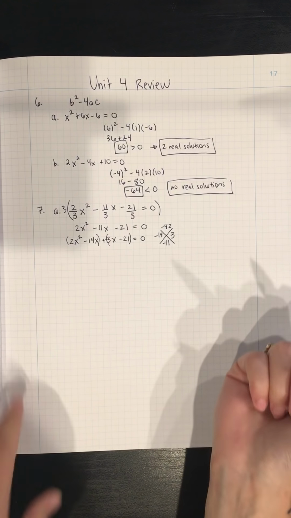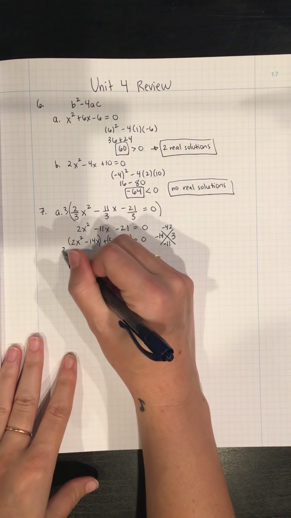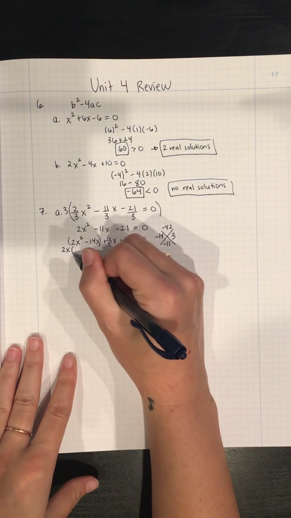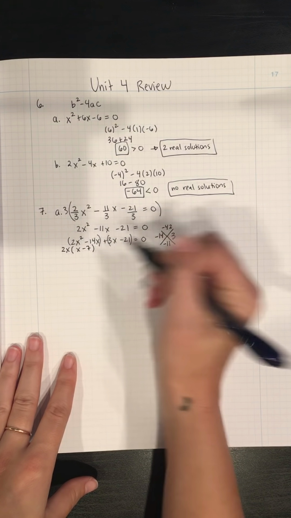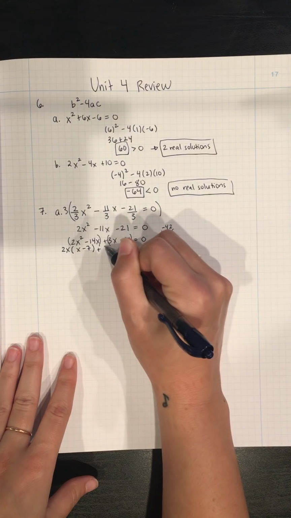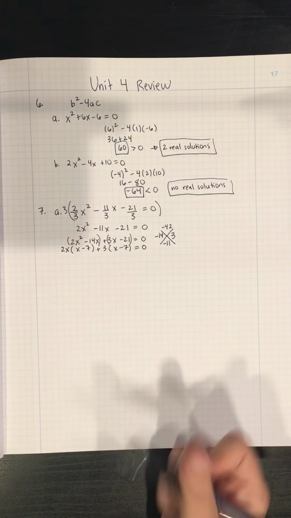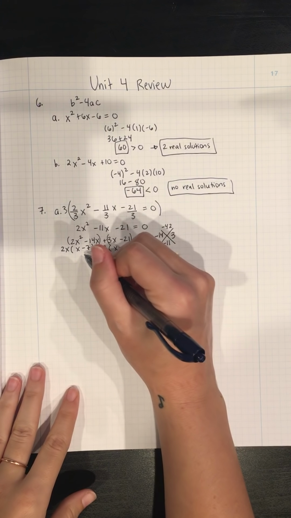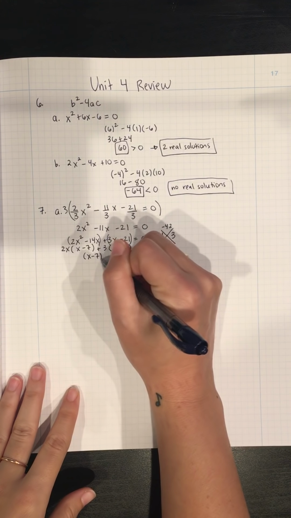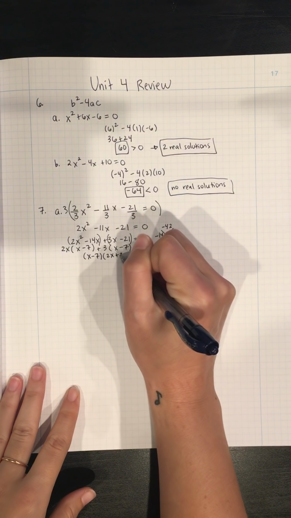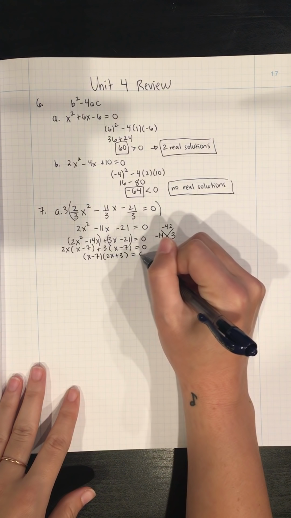So now I'm going to factor out a GCF from each of these groups. So I'll take out a 2x here and have x minus 7, and I'll factor out a 3 here and have x minus 7. So I've got this common binomial of x minus 7 that I will factor out. And I'm left with 2x plus 3.